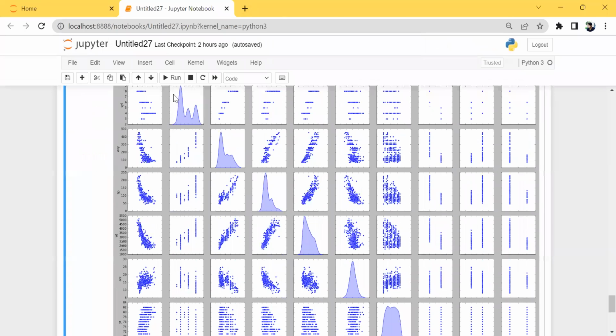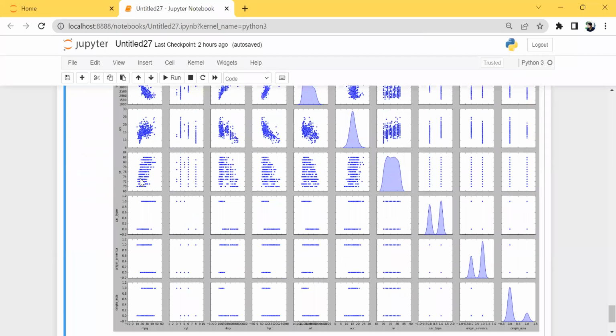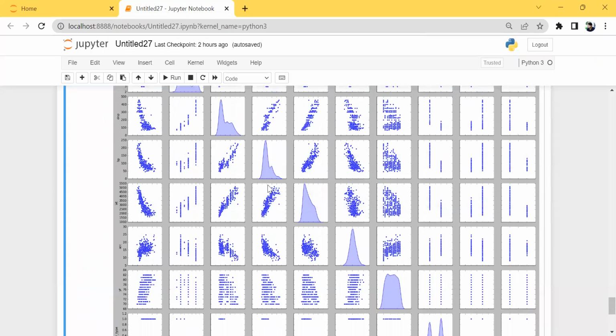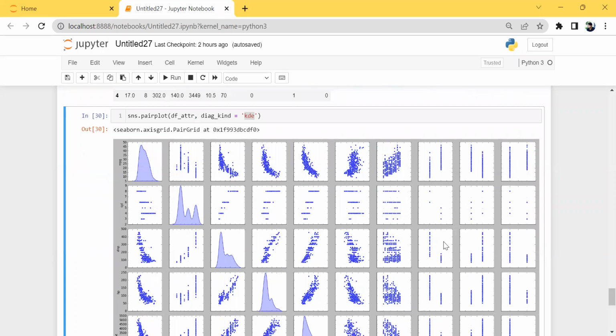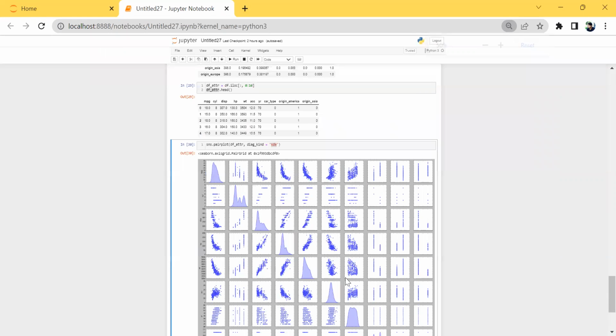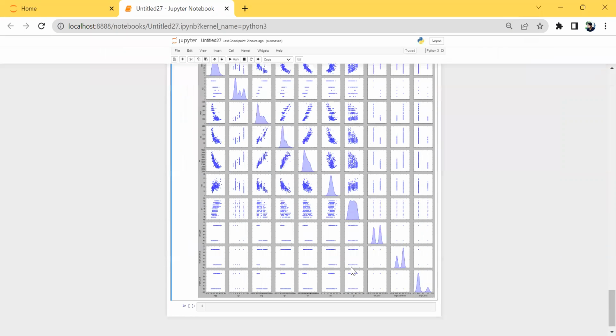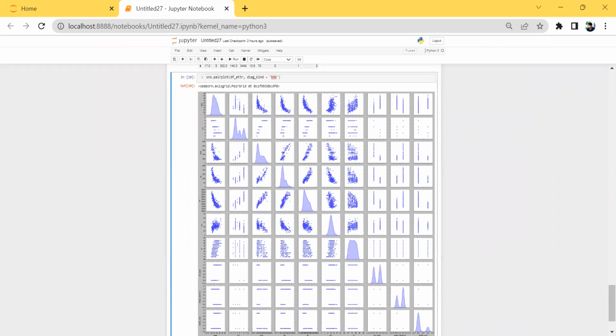Everything you see below this particular diagonal is nothing but the mirror of this part, right? I'll try to explain with the help of a pen. This is a diagonal matrix, and these are the diagonal elements.